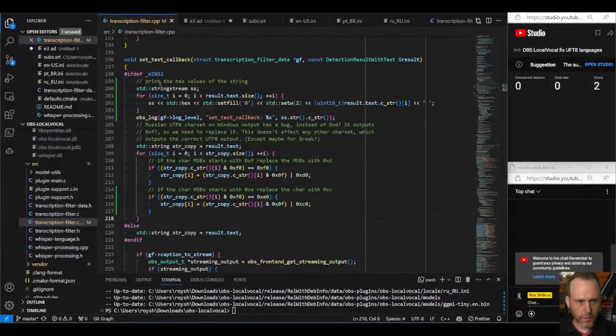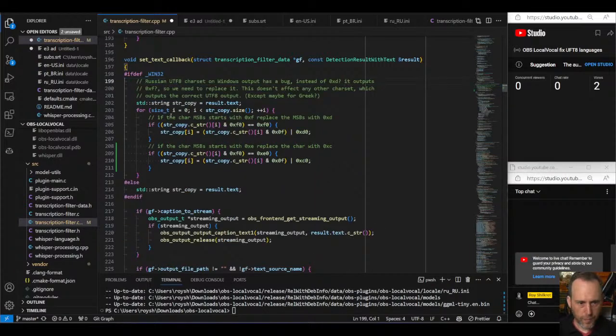I'm going to set this up. Some UTF charsets on Windows output have a bug. Instead of 0xD, that's with 0xF, and 0xC becomes 0xE.